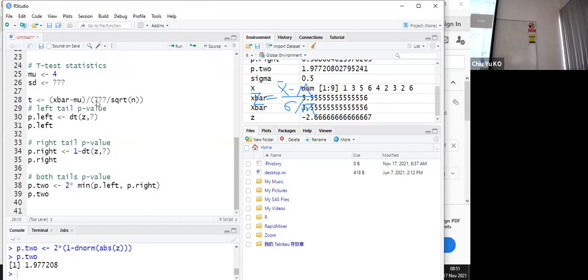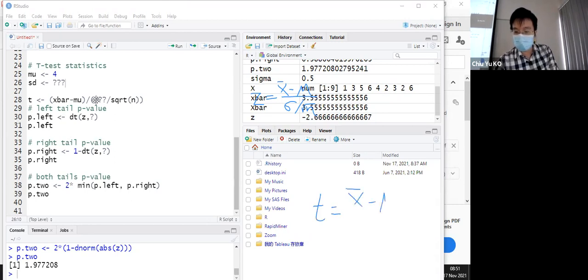So this is basically how you do the t-test. Just to remind you how you do the t-test, the math is like this: T is just x bar minus mu over s over root n. So basically you have to replace the sigma by s, and remember what s is. I hope at this stage it shouldn't be difficult for you. You should be able to build it from scratch.